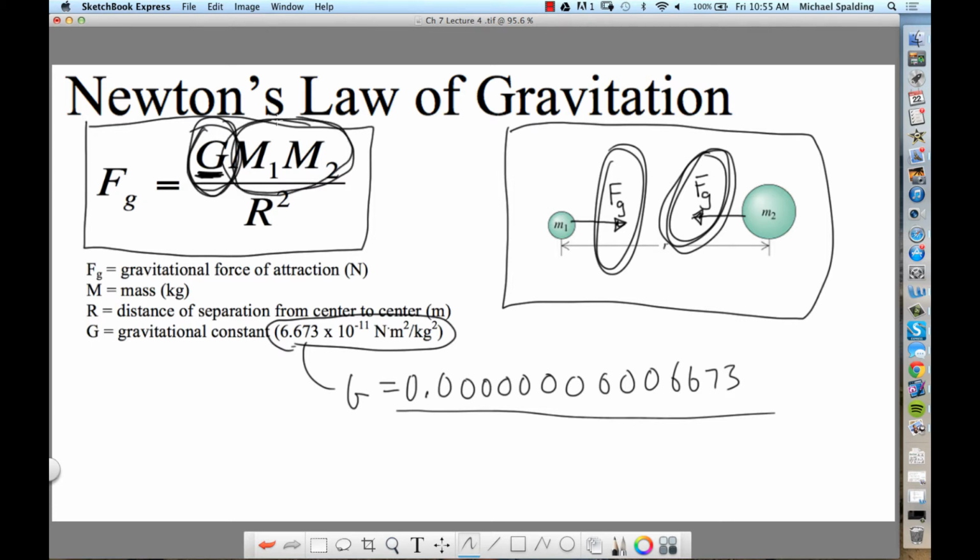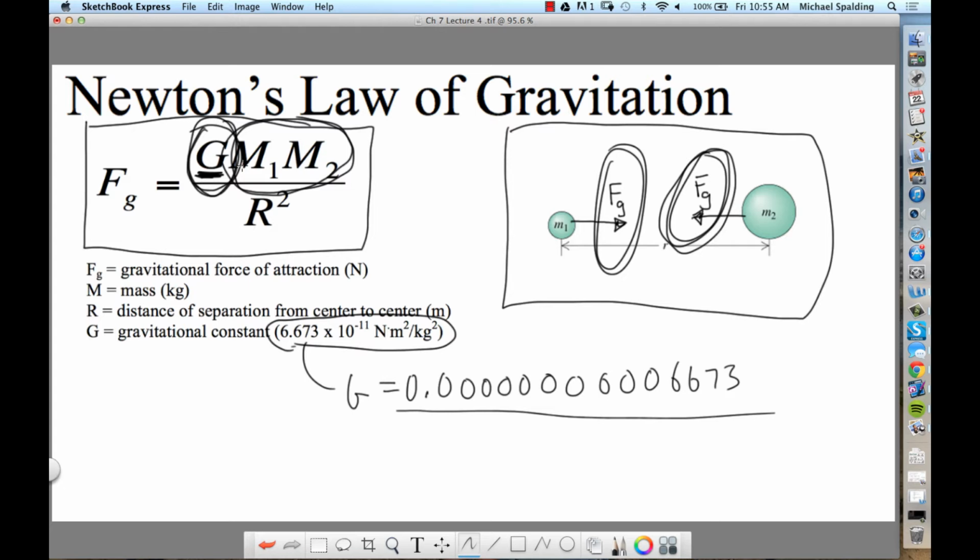One of them, not both, but at least one has to be big. Now what do I mean by big? Do I mean like a car? Bigger. Like a building? Bigger. A mountain? Bigger. I'm talking planet. In order to get a noticeable force of attraction, one of these masses needs to be on a planetary scale, like the Earth or the Moon or Jupiter, something really, really big.